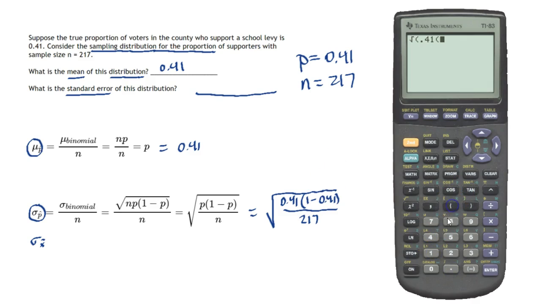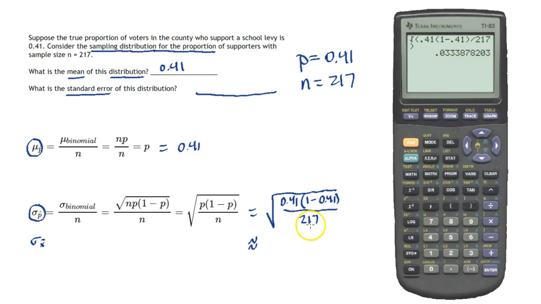Then we want open parentheses, 1 minus 0.41, close parentheses. So I just closed that parenthesis right there. And then I want to divide by 217. And now I'm going to close the parenthesis for the square root. And there we go. So we have, I'll just put approximate.